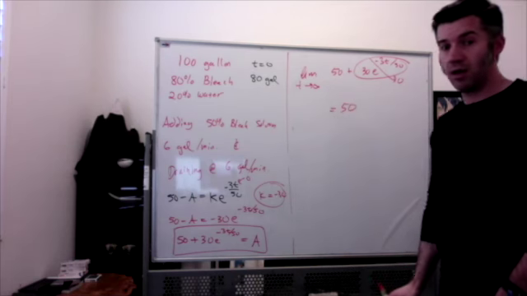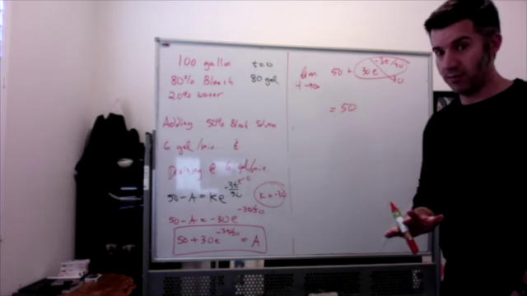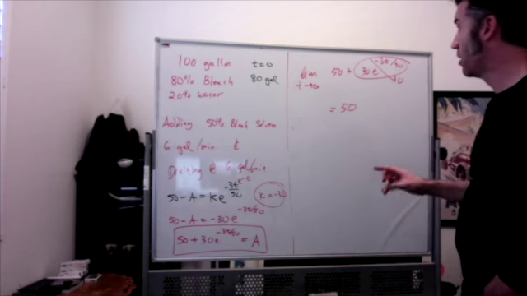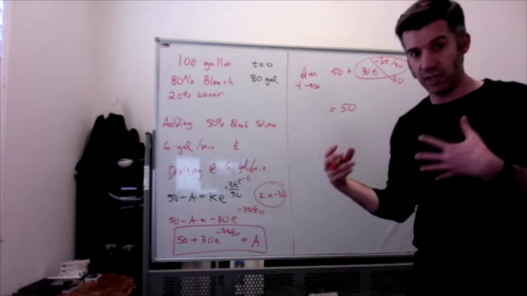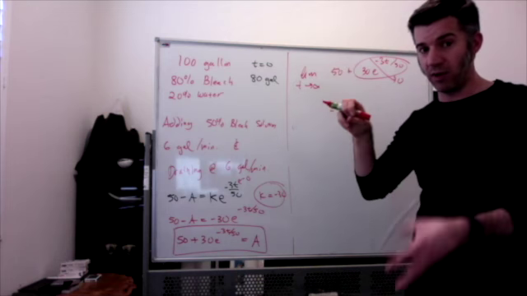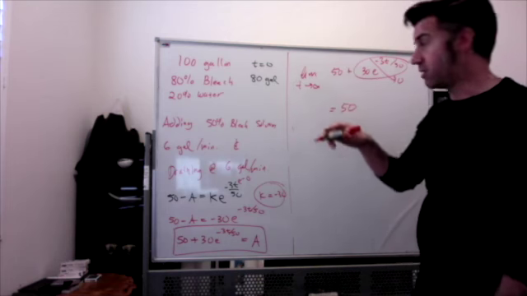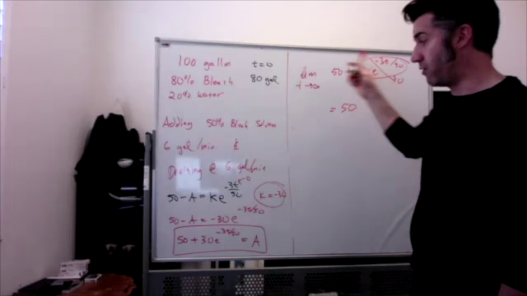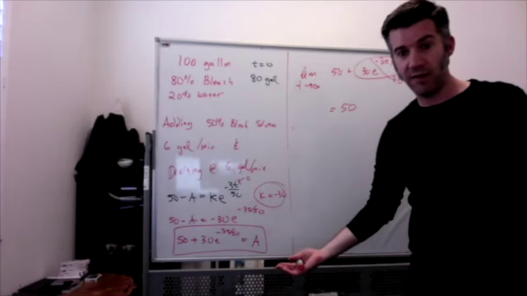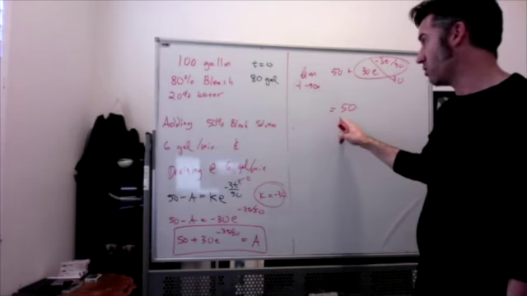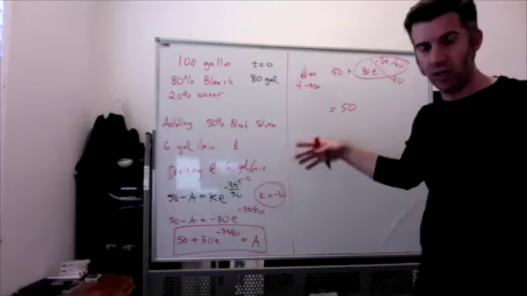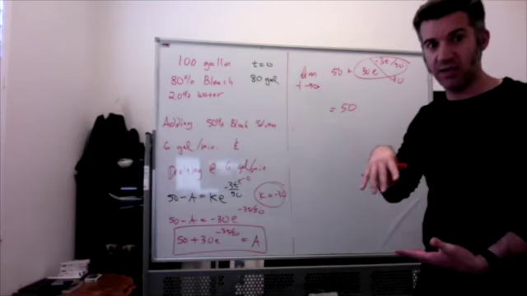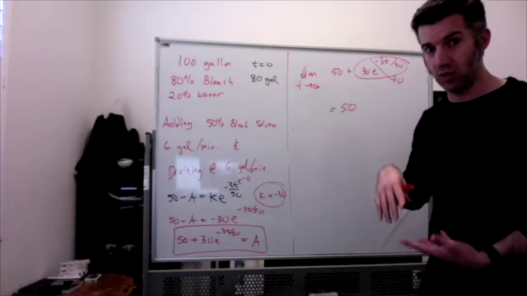Here's what I want to say before I talk about the other thing. If you've got this sort of system where the volume going in and the volume going out are the same, the limit of your amount of stuff is always going to be the value that makes the concentration in the tank the same as the concentration of the solution you're adding.